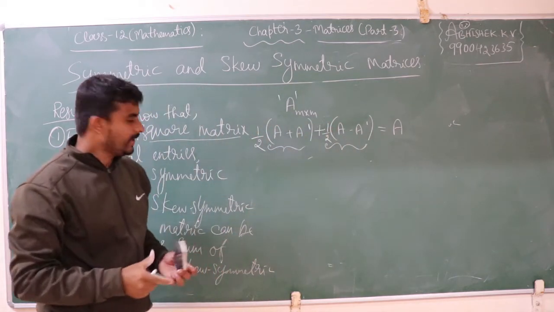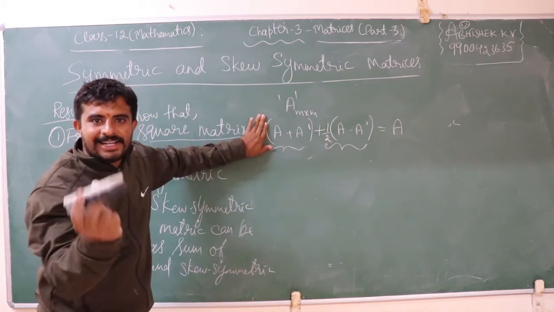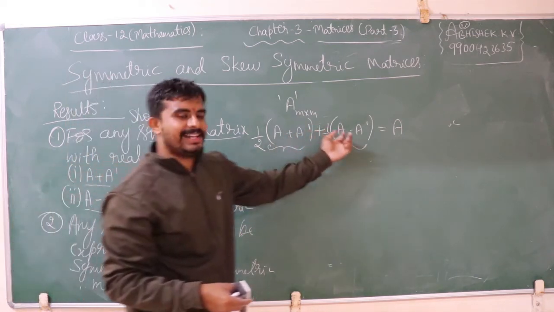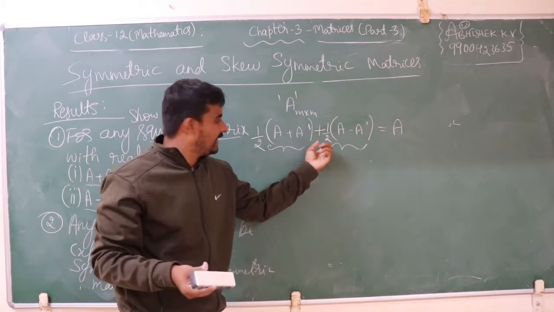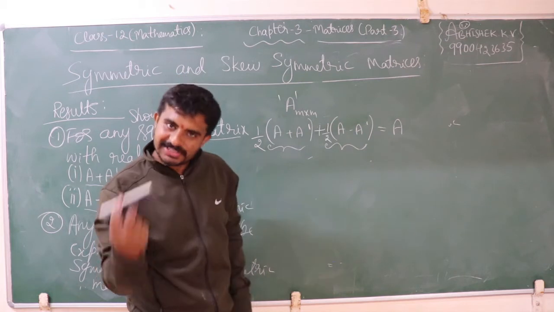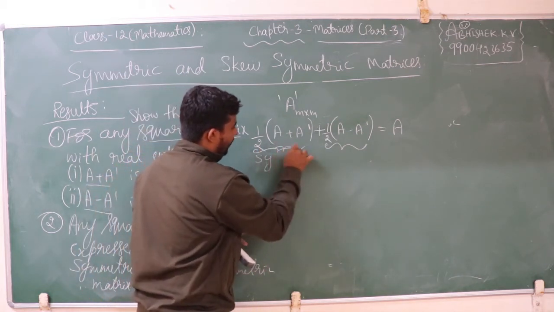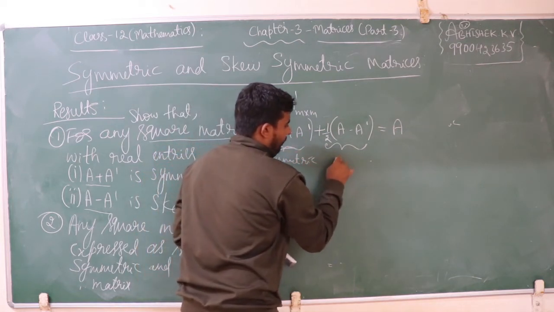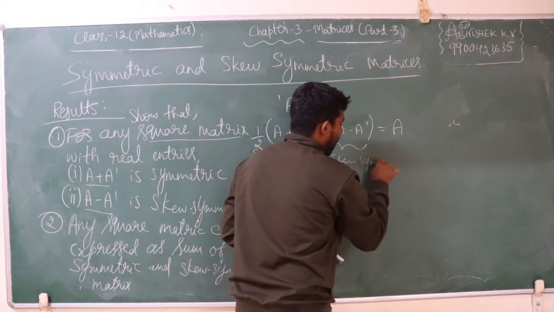If I consider A plus A transpose, it is symmetric. Multiplication by the scalar 1 by 2 is also symmetric. A minus A transpose is skew symmetric, and multiplication with 1 by 2, a real constant, is also skew symmetric.